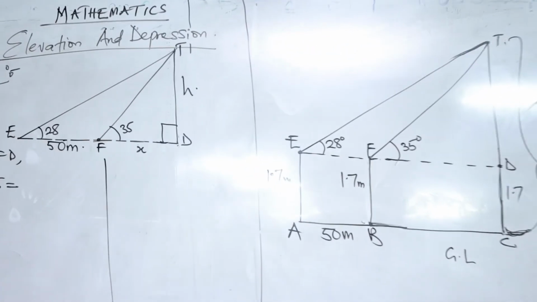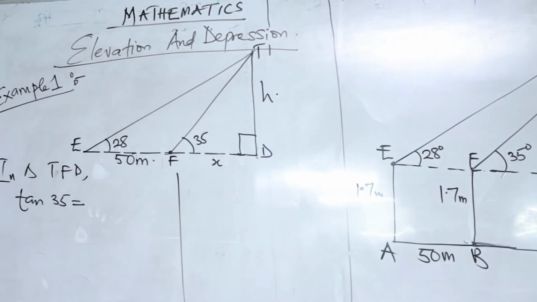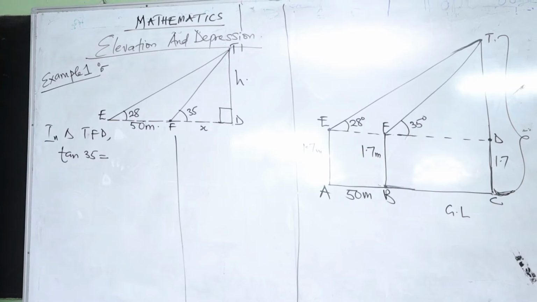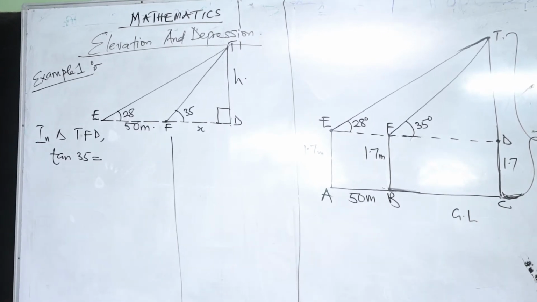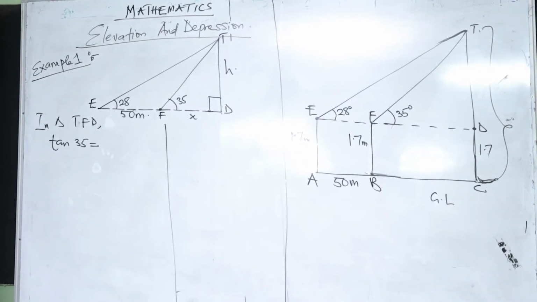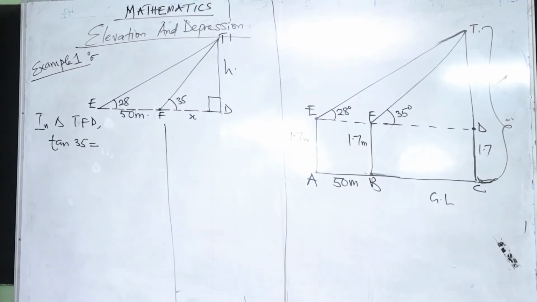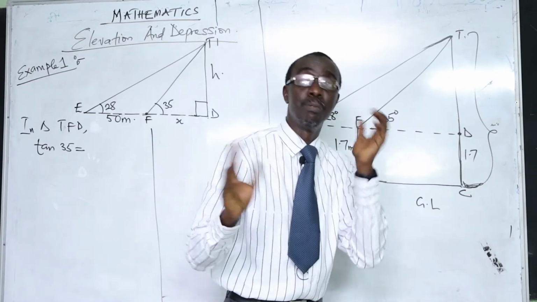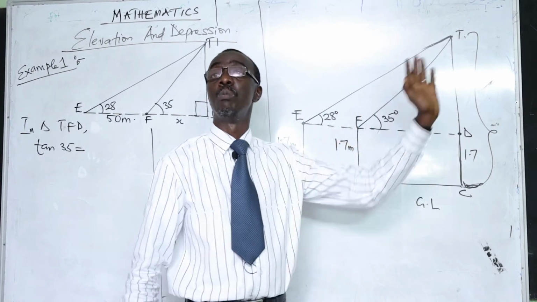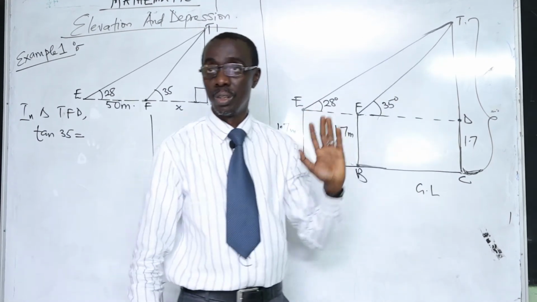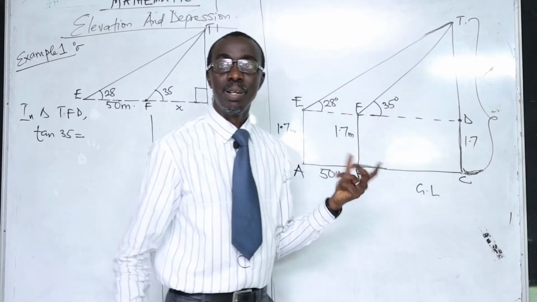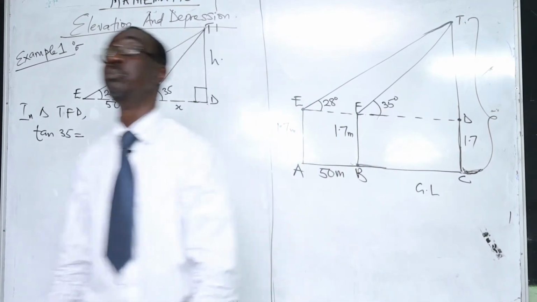Young man, if the distance between the man and the foot of the tower is of importance, the question will have said something to give us insight into that. But what the question said from the beginning, that the man, 1.7 meter, is standing and taking elevation of the top of the tower, is not talking about that distance. But after that, he said he moved away.